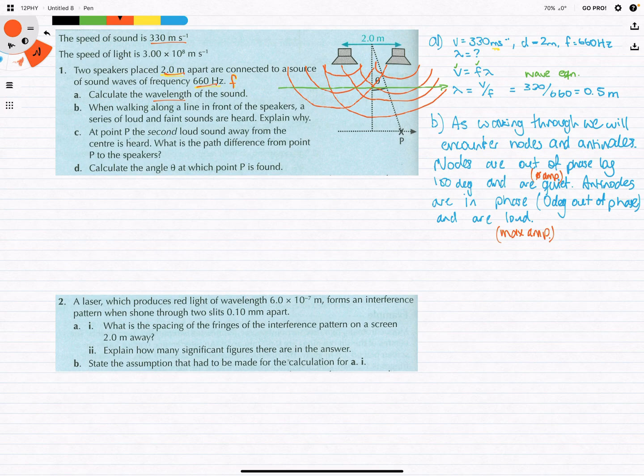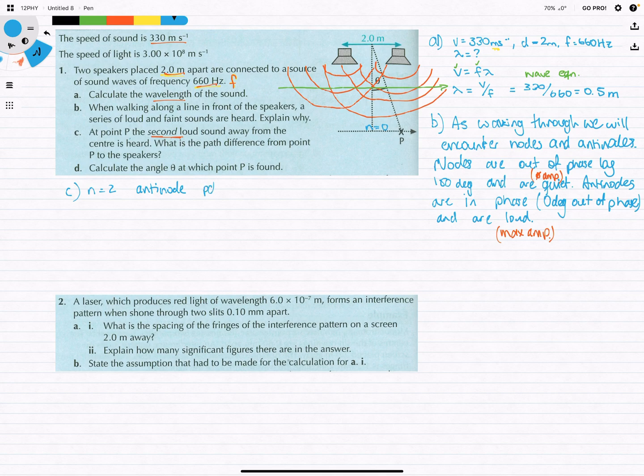So for C, we know we're at the second loud. What N is the second loud point? N equals 2. Remembering up here, N equals 0, and then N equals 1 on the way out. So N equals 2 is our second loud point. We know we're at a loud point, so we're at an antinode.